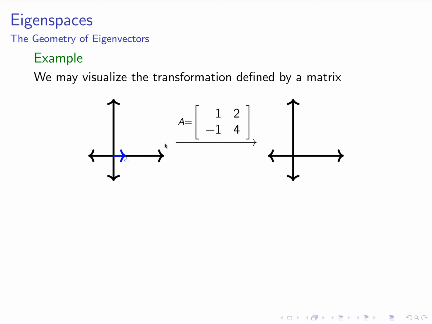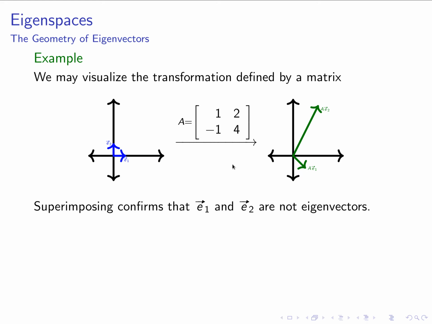Let's say we multiply this matrix by the first standard basis vector, 1, 0. The output of this process produces the vector 1, -1, which we're recording over here. Let's say we multiply this matrix A by the second standard basis vector, 0, 1. The output of that produces the vector 2, 4.